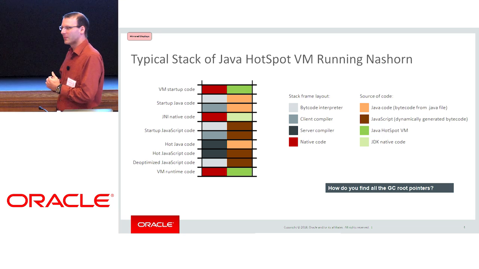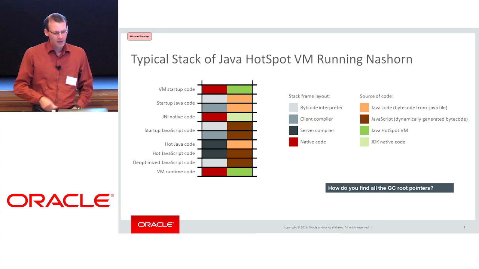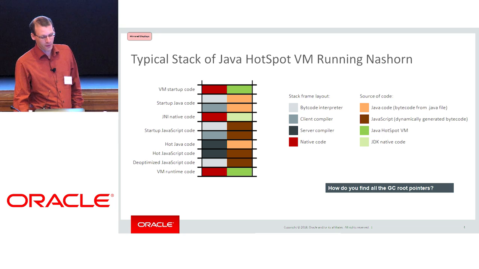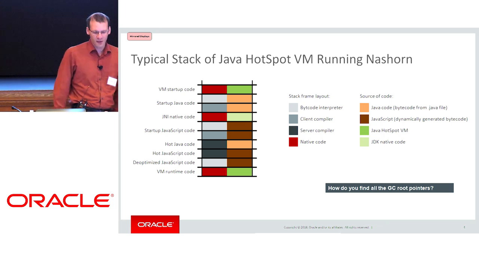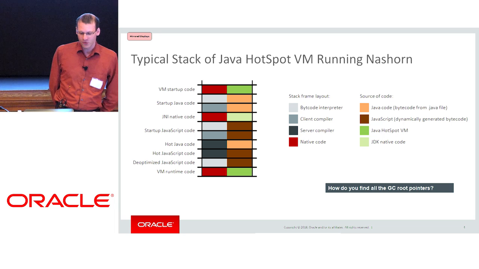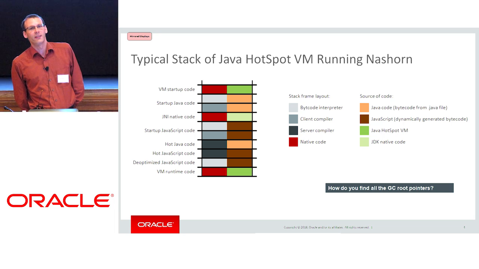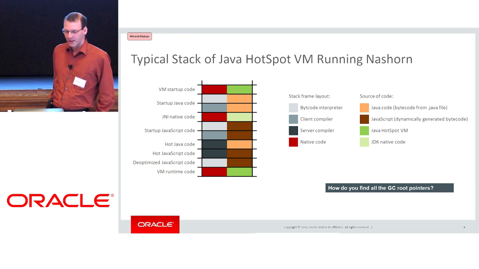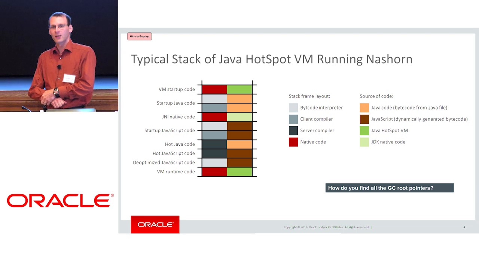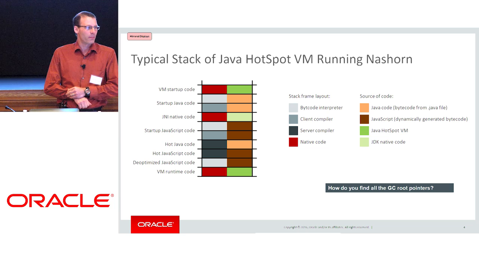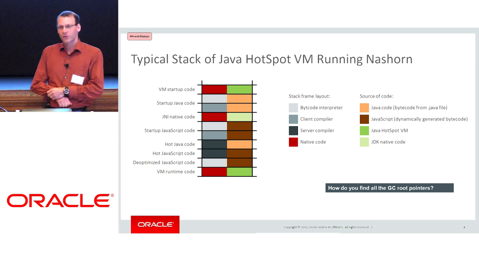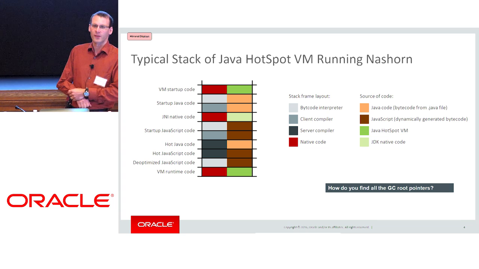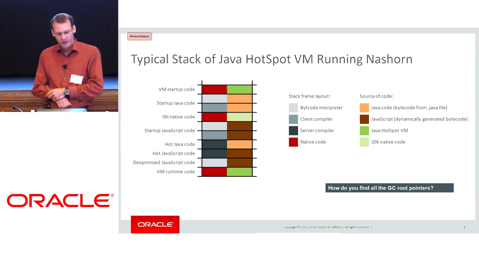We have stack frames in lots of different formats. We have, in red, native code, which is C++ code coming from the Java Hotspot VM, or C code coming from the Java Native Interface. We have Java code executed on the bytecode interpreter, so we have a stack frame layout for bytecode interpreters. We have just-in-time compiled code; on the Hotspot VM we have two just-in-time compilers, the client compiler and the server compiler.